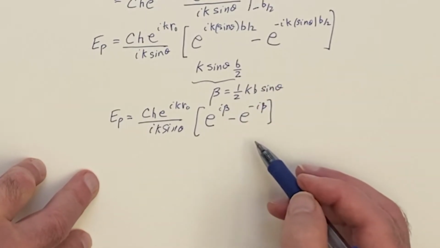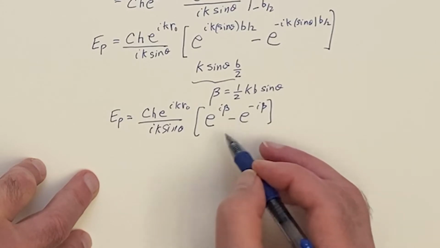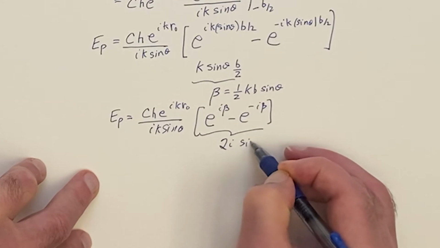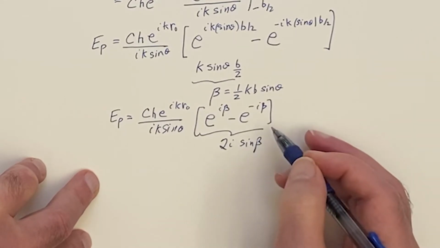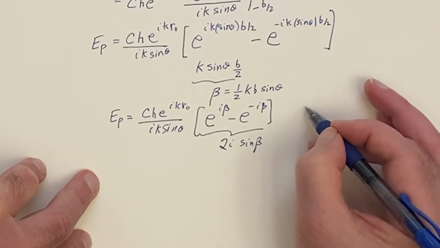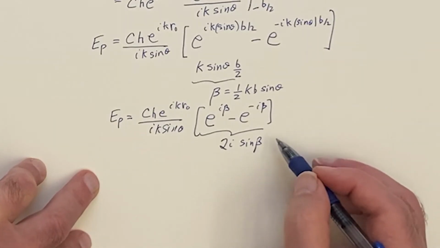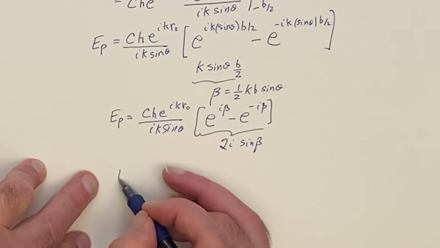But now you can see that this is 2i times the sine of beta. Always remember your Euler, your sines and cosines.